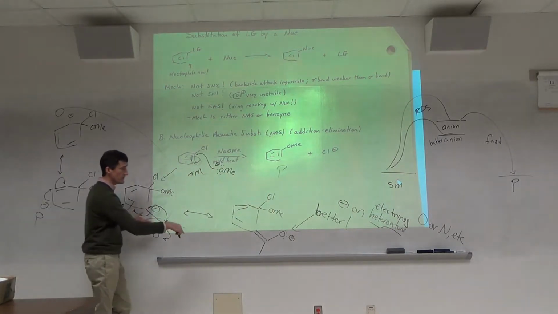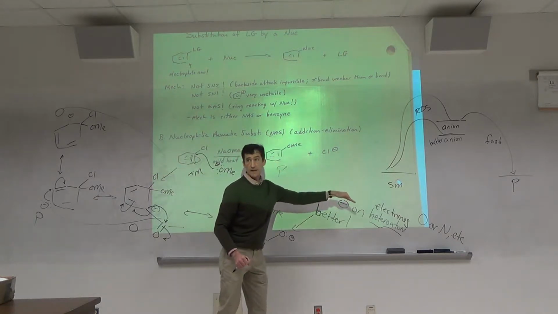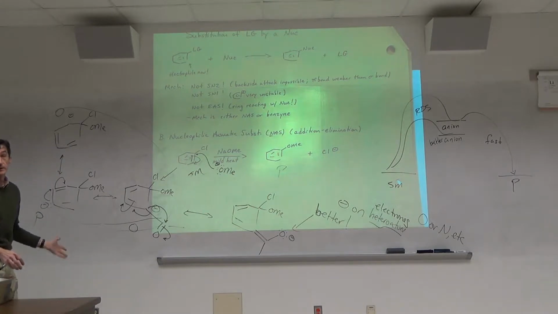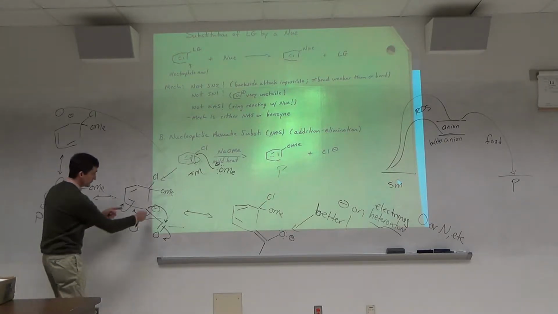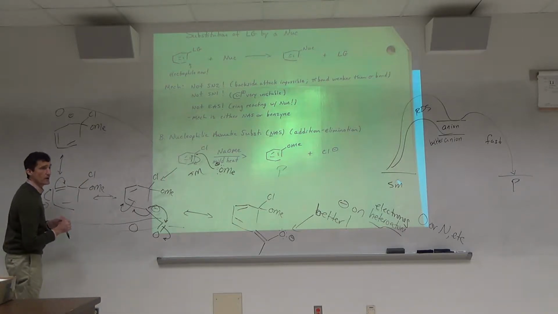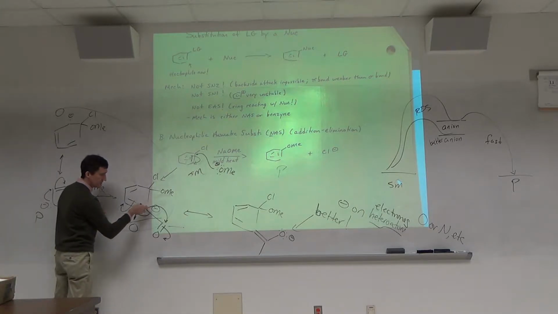Not only is it more delocalized, but now it's on oxygen. That really lowers your intermediate down, and now the reaction takes place. How do I know? Because if you go to the lab, it takes place. If this group was at the meta position, you would not be able to draw this resonance structure. You can only draw such a resonance structure if the group is on the carbon where the minus falls.